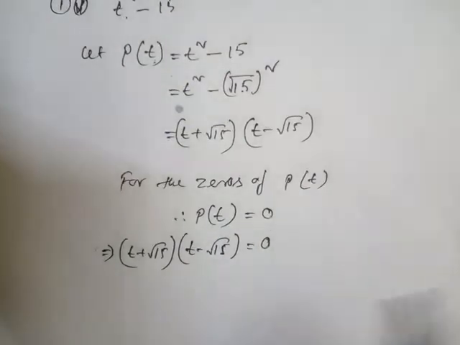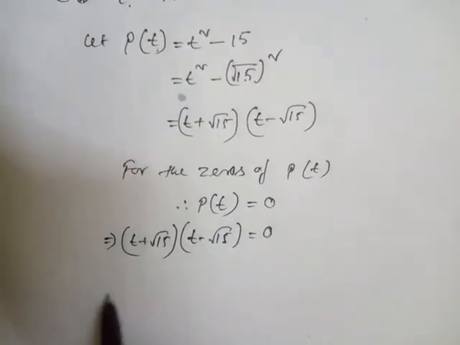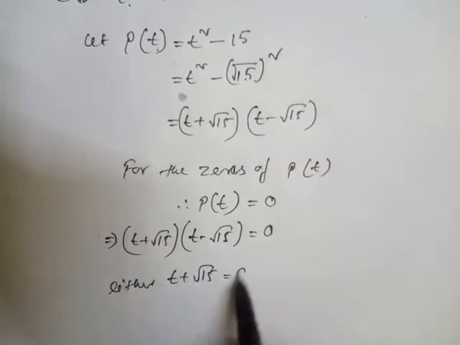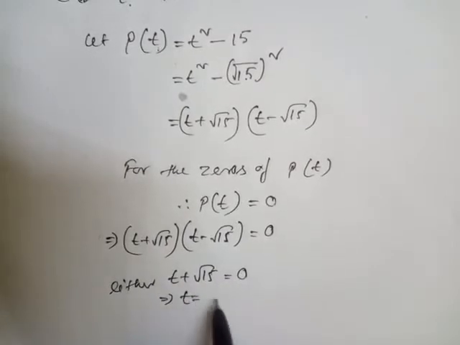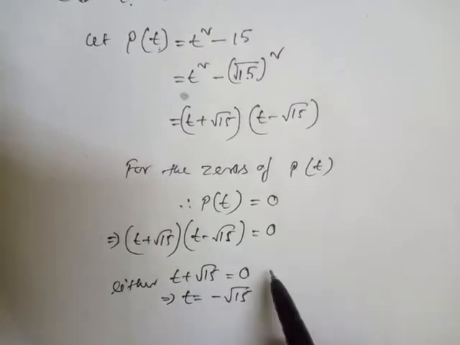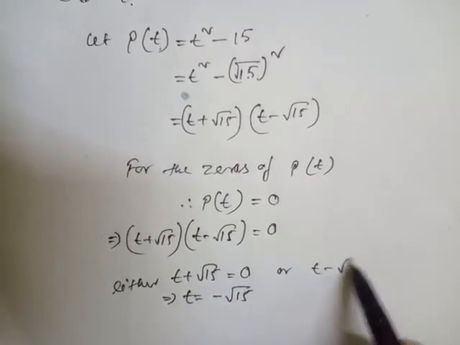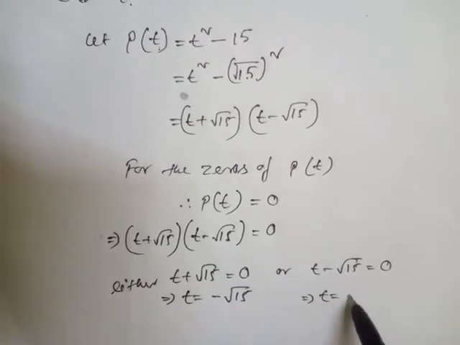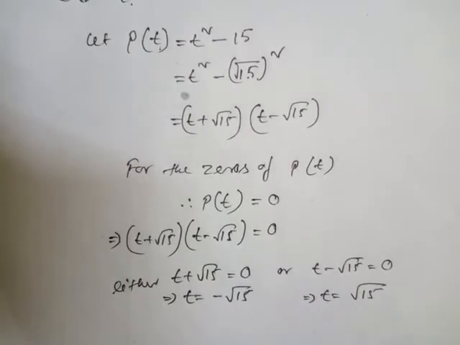Now in the next part, either t plus root over 15 equal to 0, so t equal to minus root over 15, or t minus root over 15 equal to 0, so t equal to plus root over 15. This is the value of t only.